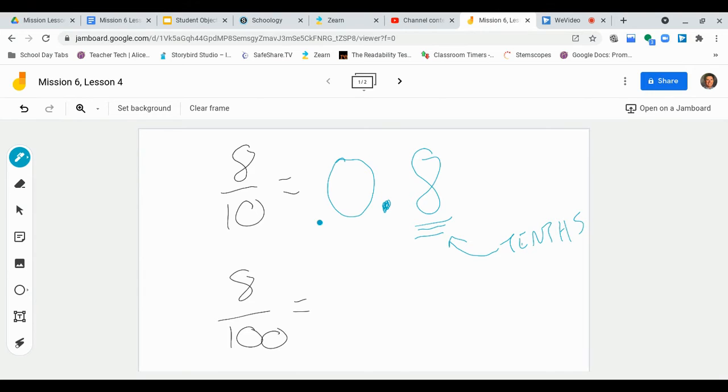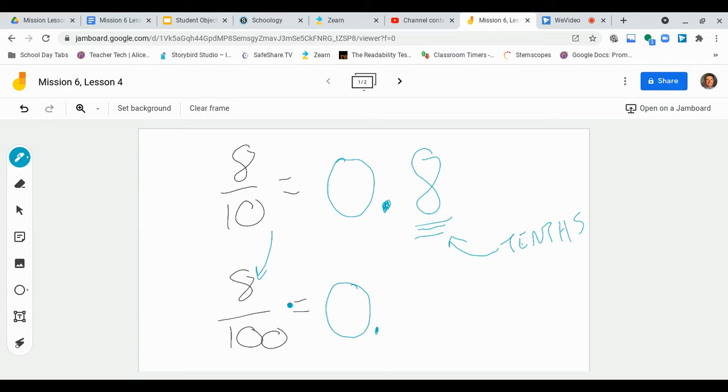So today, the change is we're just going to look at the hundredths place. So now we have 8 hundredths. And we want to figure out, okay, how can we write 8 hundredths? Well, I'm still going to ask myself here, how many whole numbers do I have? Well, I still have 0 whole numbers. And then how many tenths do I have?